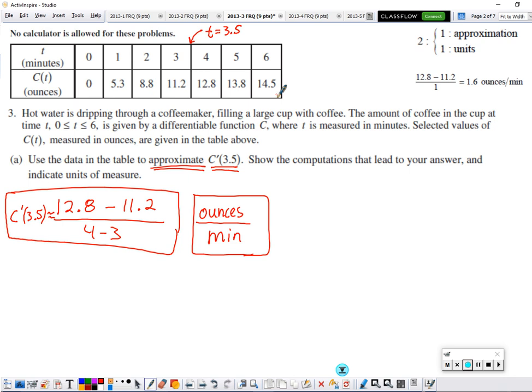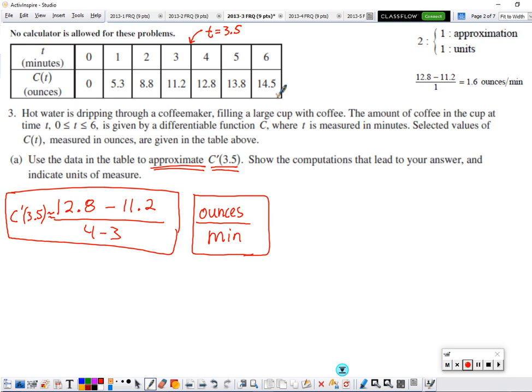So we're trying to find an instantaneous rate of change. You should have a flashcard that reminds you. You always approximate an instantaneous rate of change by computing an average rate of change. So we're approximating C prime of 3.5, but we're doing it by finding an average rate of change.